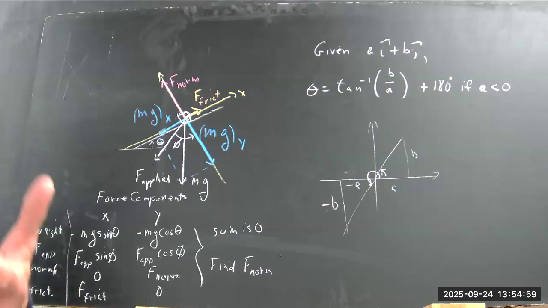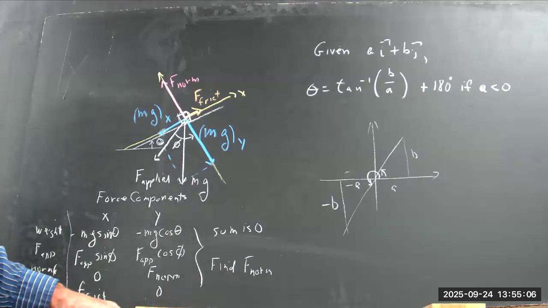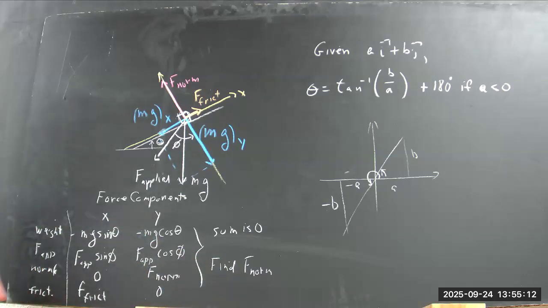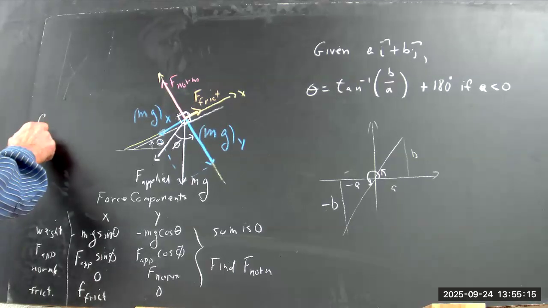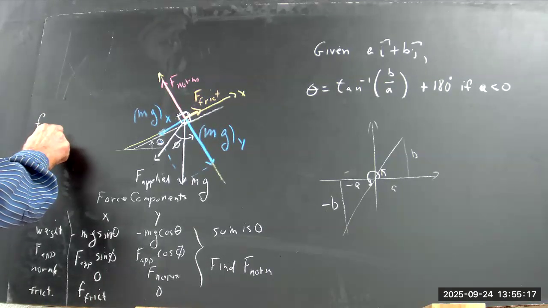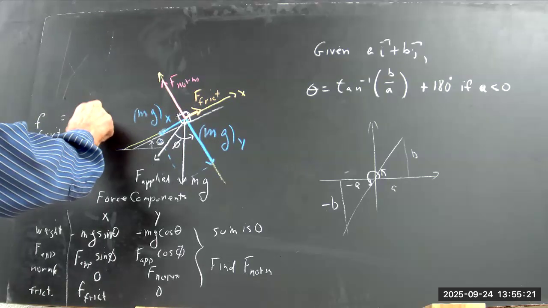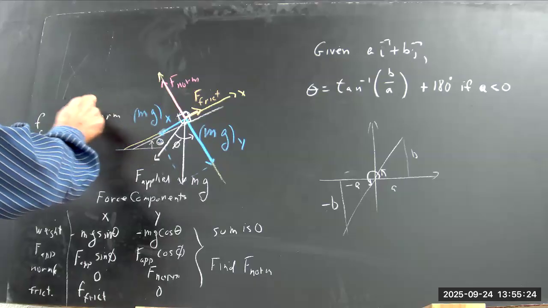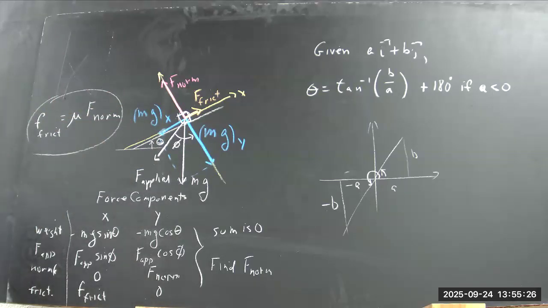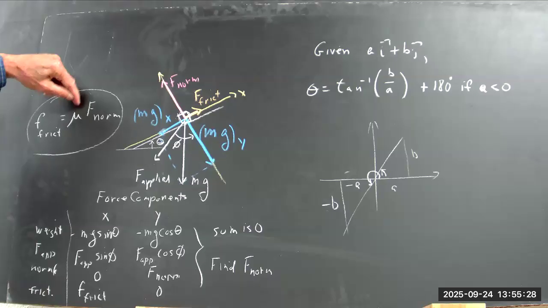Now, you've already seen that in some of the problems you did for today. Some of you already did some of the problems for Friday. Once you find the normal force, the frictional force is equal to mu times F norm, where mu is called the coefficient of friction.